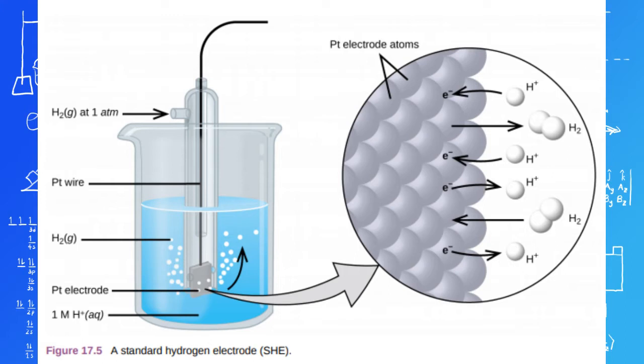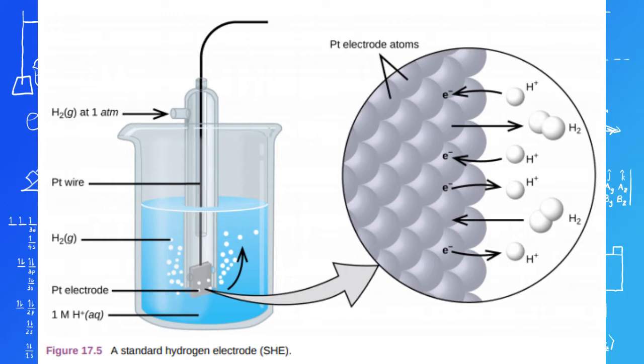So platinum is a pretty good choice because it allows hydrogen ions to actually dissolve through it. Or, well, I guess hydrogen atoms in general. And yeah, it's a good surface for transferring hydrogen back and forth between the solution phase and the gas phase.